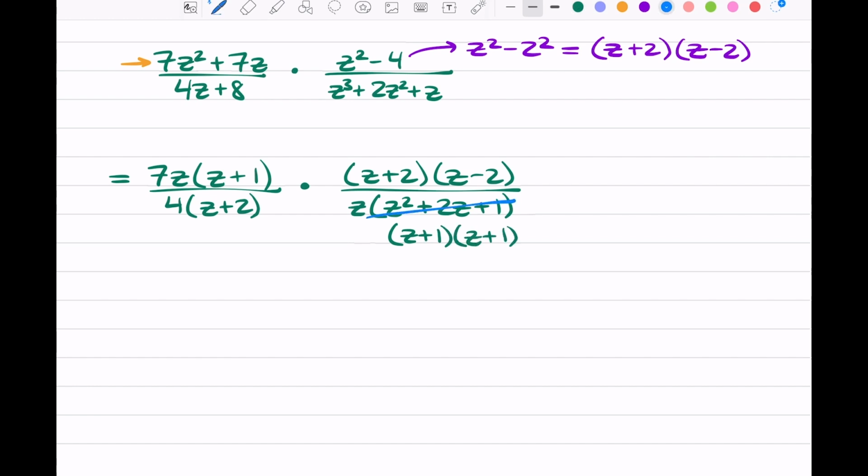So we've replaced this guy with our 2 factors. Now we have 2 fractions here that we're multiplying. And when you multiply fractions, you multiply all the pieces on top and then all the pieces on bottom to make one fraction. And since that's the case, this z plus 1 is going to be on top of this z plus 1, so we can go ahead and cancel them out.